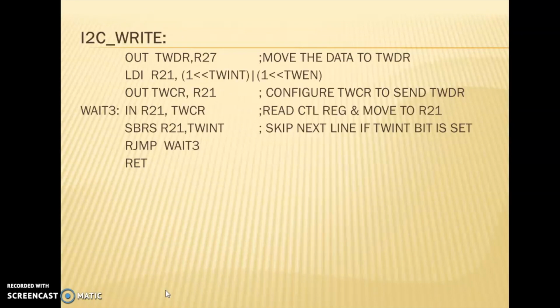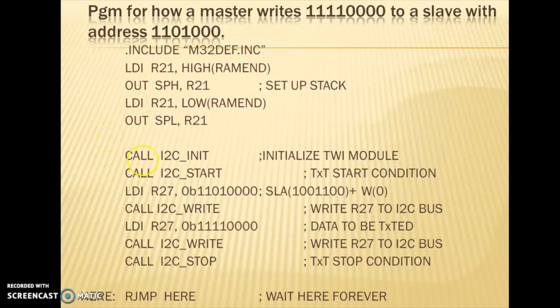Then moving on to the write subprogram, the data given in the data register is moved to R27. R27 is loaded with the F0 in the main program. I'll show you here. Here first we are sending the address of the slave, and this data is moved to R27.